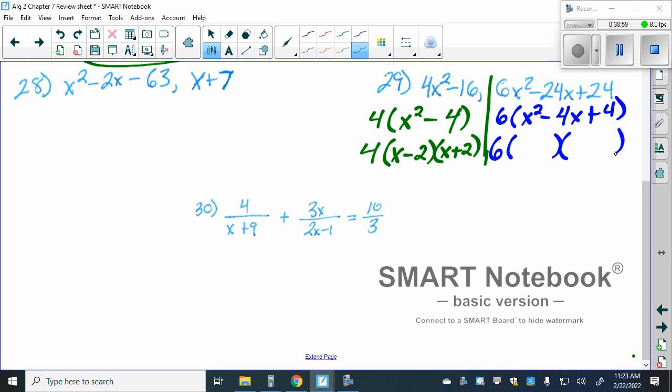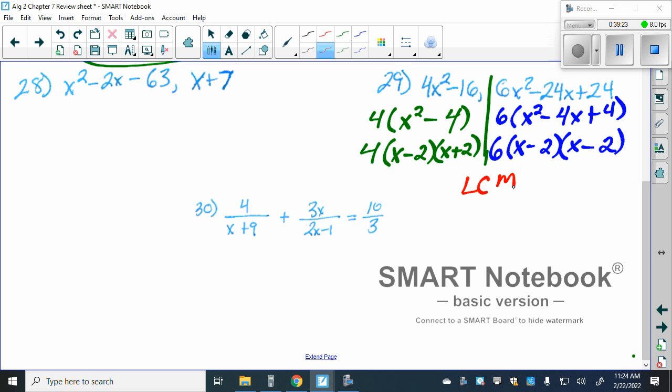Now to factor the x squared minus 4x plus 4, well, since the 4 is positive, our signs are the same and match the sign of the middle term, which would be negative and negative. The factors of x squared are x and x. And the factors of 4 are 2 and 2, what we would need. Questions on how we factored either one of these here?